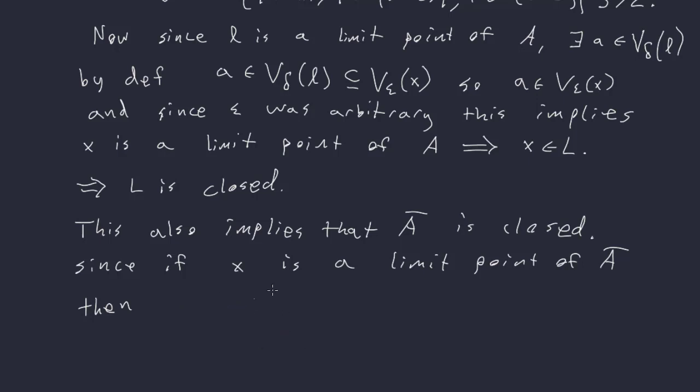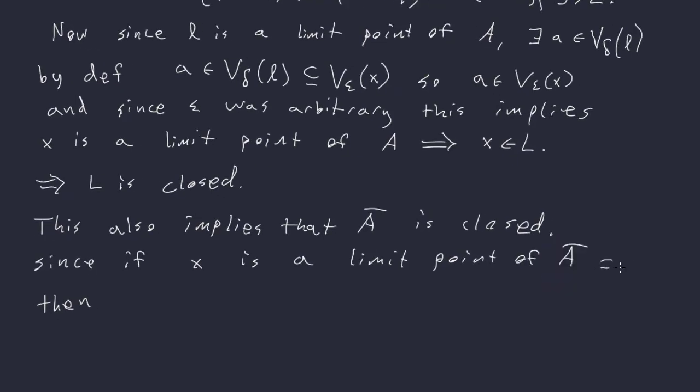If it's a limit point of A bar, then that means it's a limit point of A union L. So that means x is a limit point of either A, L, or both.